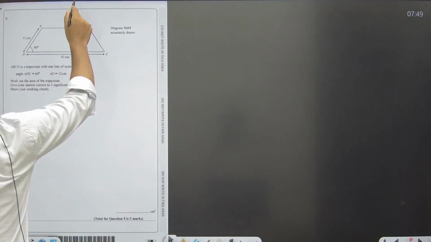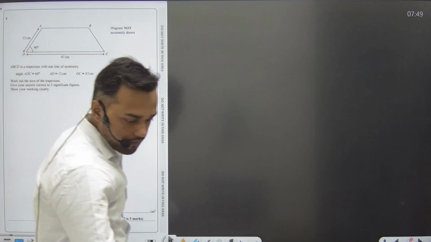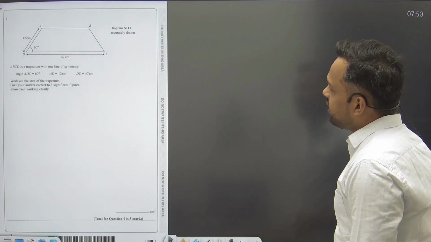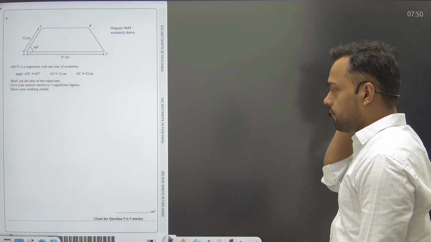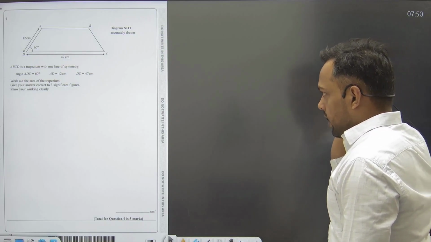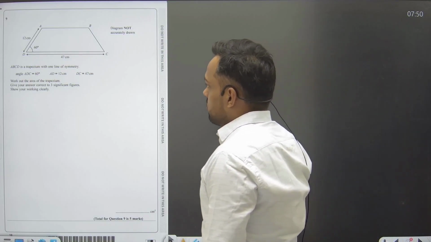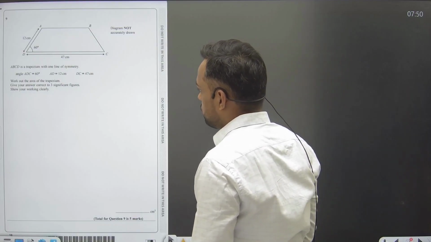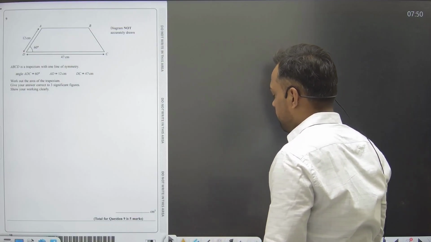ABCD is a trapezium in which the angle ADC is 60 degrees, and AD is 12 centimeter, DC is 47 centimeter. Work out the area of the trapezium. Show your answer correct to 3 significant figures.